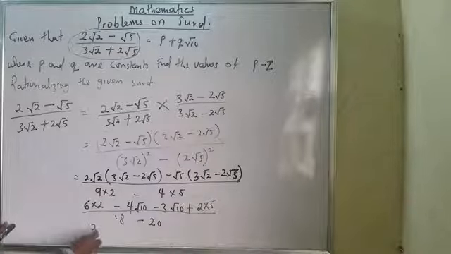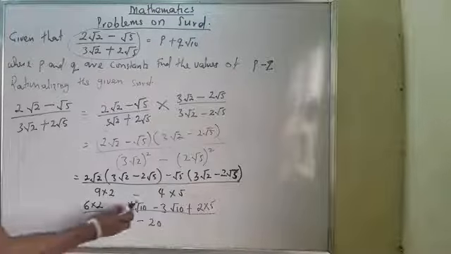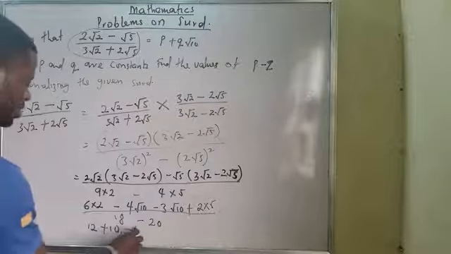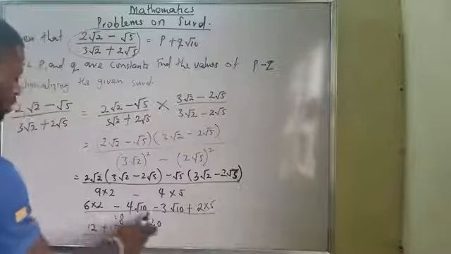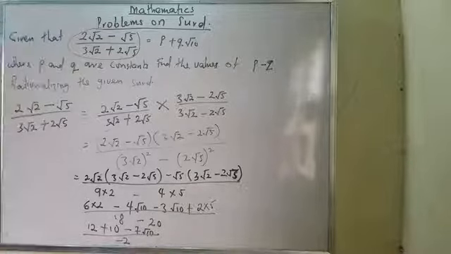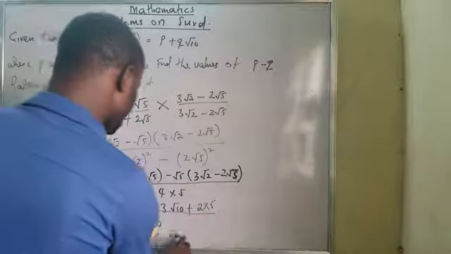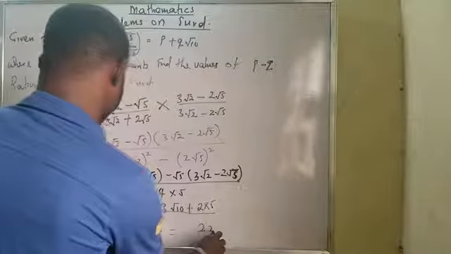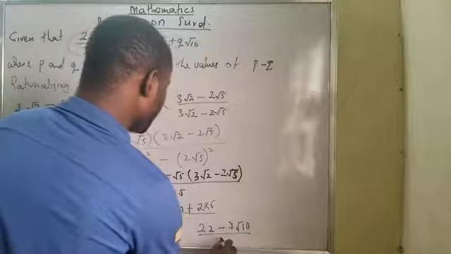I have 12 plus 10, which is 22. And the root 10 terms are like terms, so this will be minus 19 root 10. The denominator equals minus 2. Now, at this point, I can say 22 minus 19 root 10 divided by minus 2.